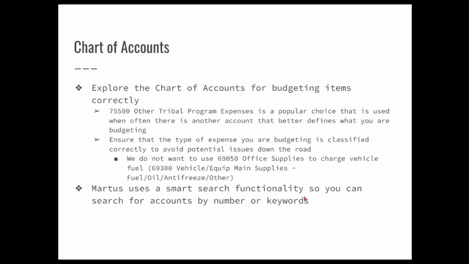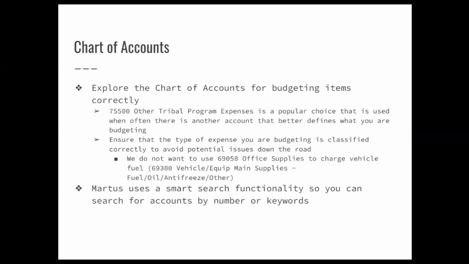As you're preparing your budget, you can explore the chart of accounts in Intact, to make sure we're coding our proposals correctly. A lot of times we use 75,500 other tribal program expenses because that seems to be a catch-all for all of our expenditures. Our chart of accounts has more than 200 different types of expenses to pull from, so it's very likely the type of expense you're trying to use is already a code that's available.